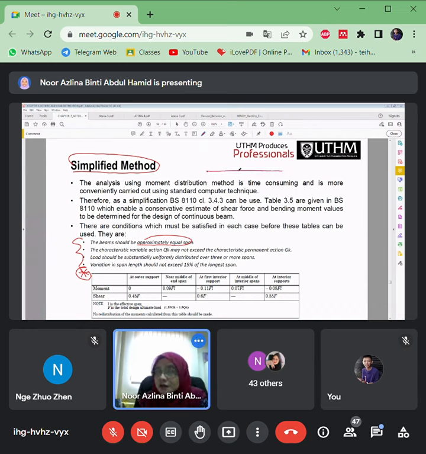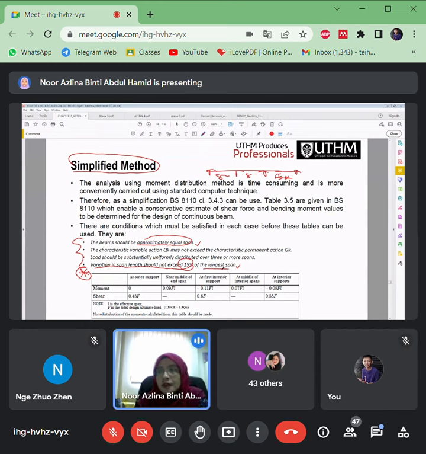Earlier the continuous beam had all spans roughly the same, 8 meters each. Okay, pass. Equal span. If one is 15 meters, you were about to use the simplified method and suddenly one span is 15 meters. The variation in span length here, it mentioned, should not exceed 15%. If it is within this range, that means you also pass this requirement.